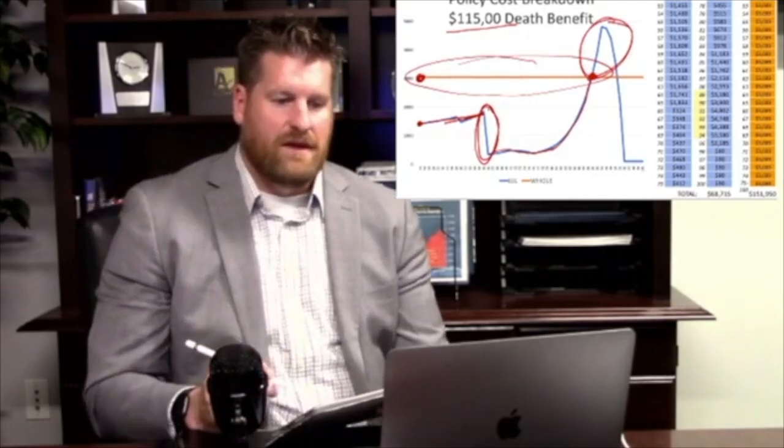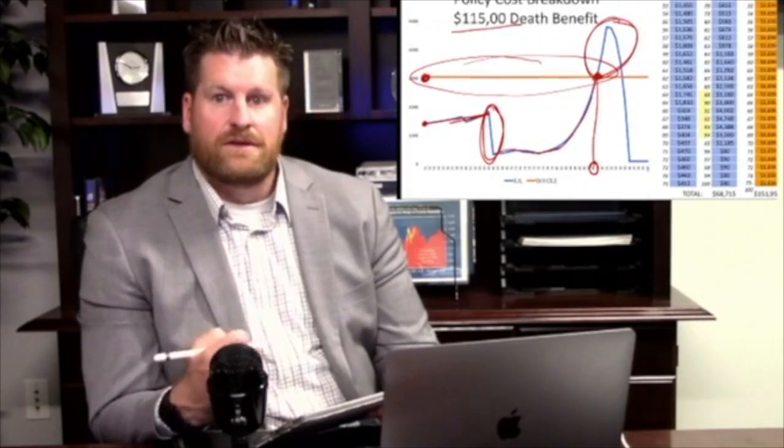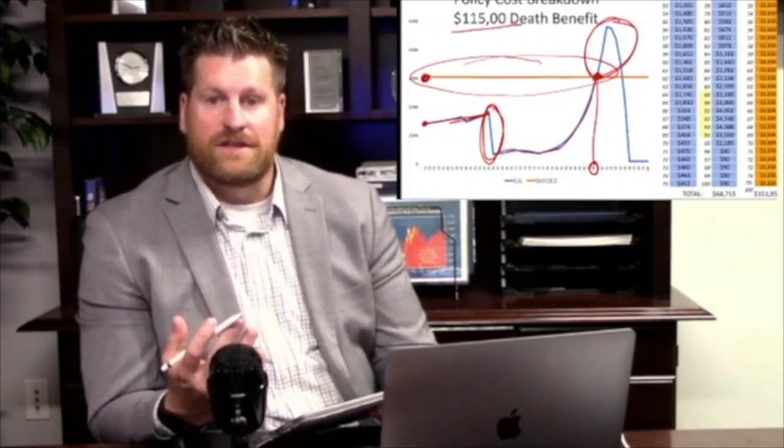Okay, because if I zoom in and draw a line down here, we're looking at age 88. So from 50 to age 88, almost 40 years, before my cost of this index universal life policy even matched the whole life policy in this case.